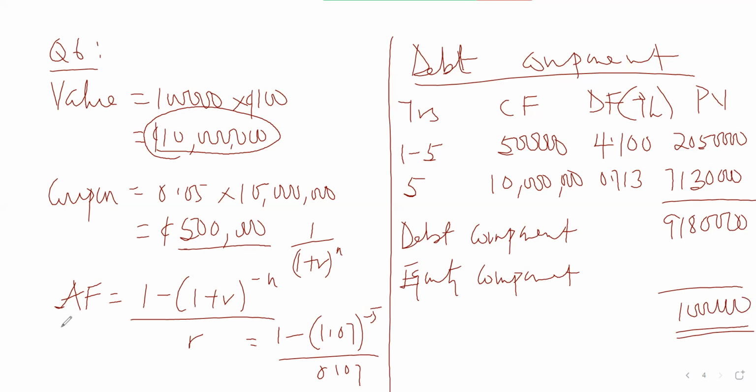What is the difference? 820,000. So this is the equity component. The debt component is always the present value of all the cash flows, and the difference between the nominal value today and the present value is the equity component.